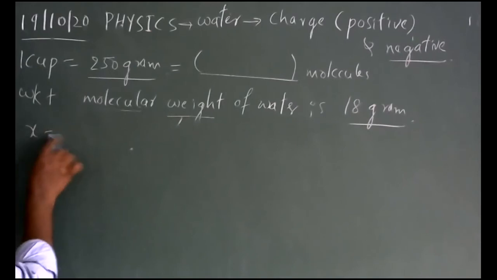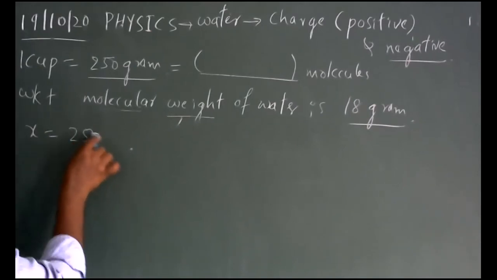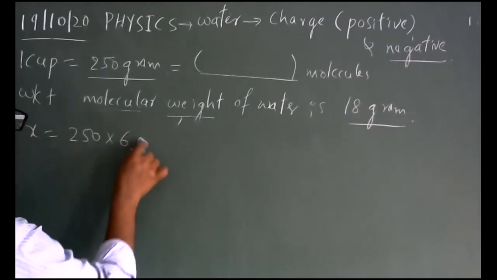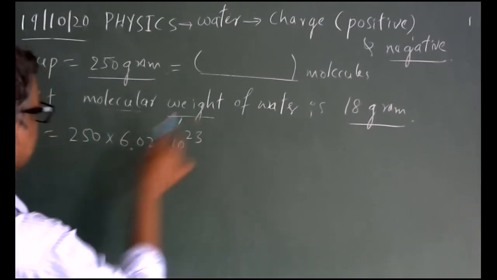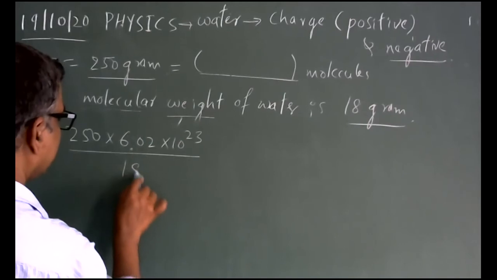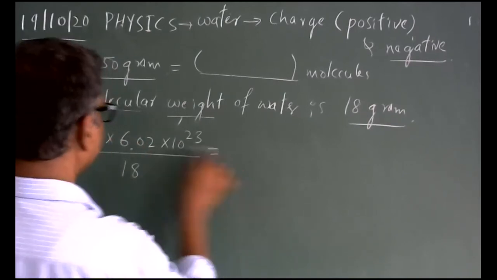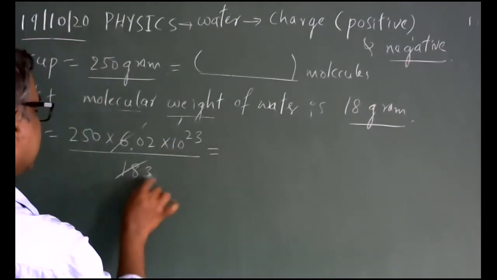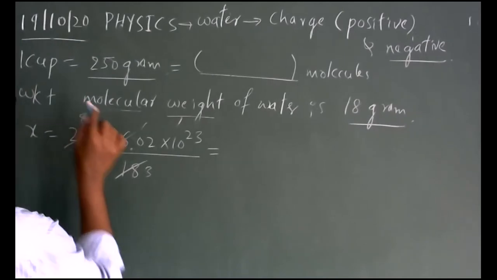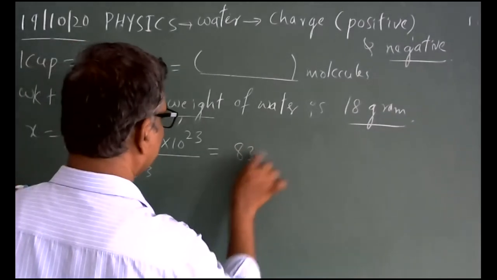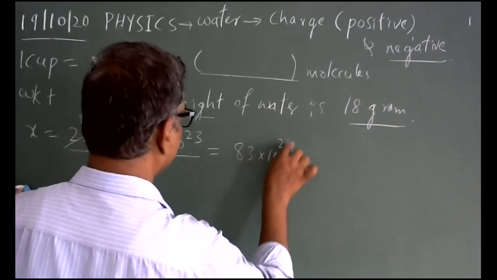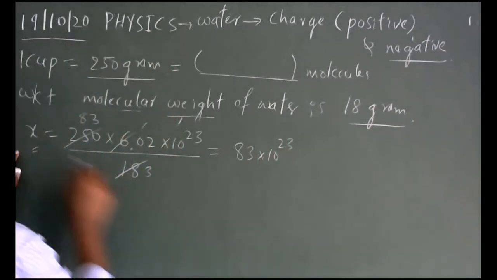So X is equivalent to 250 into 6.02 × 10^23 in the numerator, and 18 in the denominator, which gives you something like 83. So 83 into 10^23, so this is molecules.